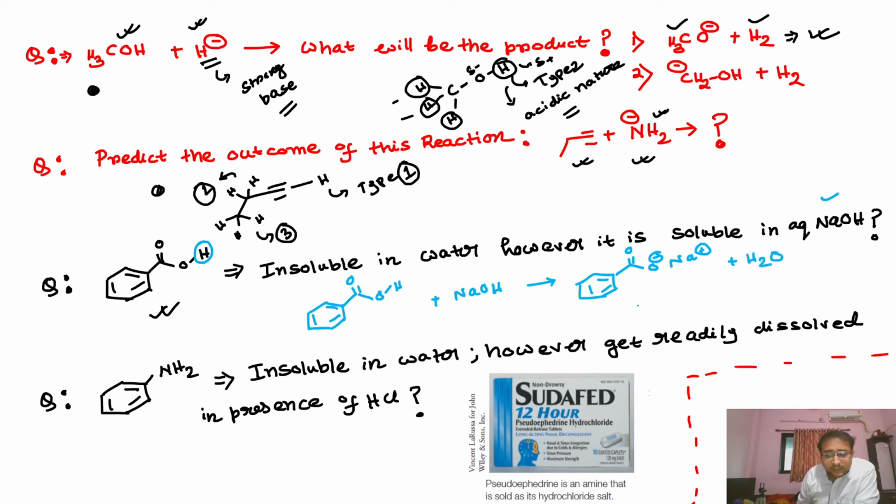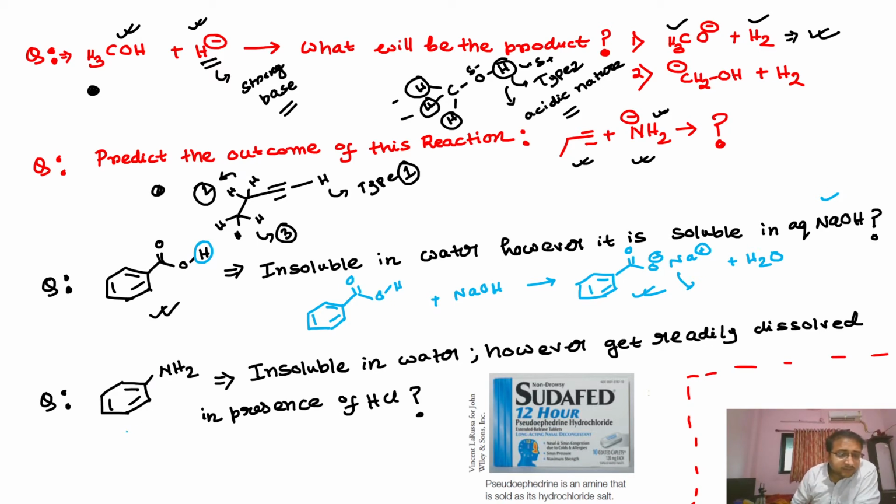Okay, so you can see that this sodium salt, the sodium benzoate salt, will be produced, and this is much more soluble in water. So although benzoic acid is insoluble in water, in presence of some aqueous sodium hydroxide, it will participate in this reaction, and this product will be formed, which is much more soluble in water.